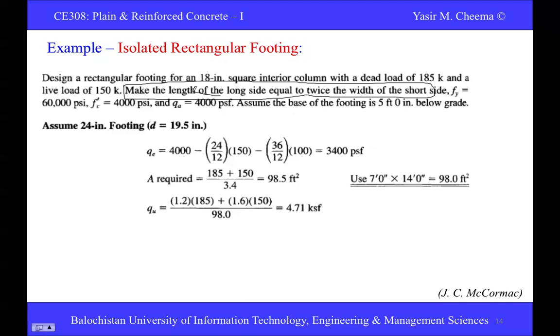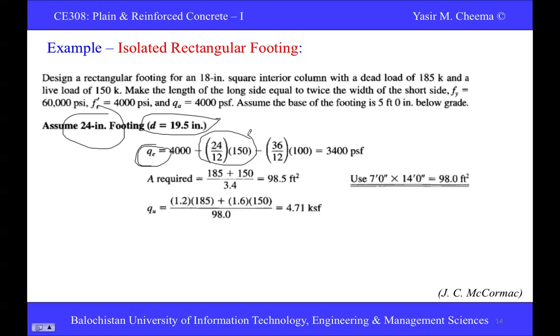Qa, the allowable soil pressure, is 4000 psf. We proceed the same way as we did in the square footing; all the process is the same. We assume the thickness and then determine the effective depth, and the effective soil pressure, that is the actual soil pressure minus the loads of the footing and the soil on the footing.